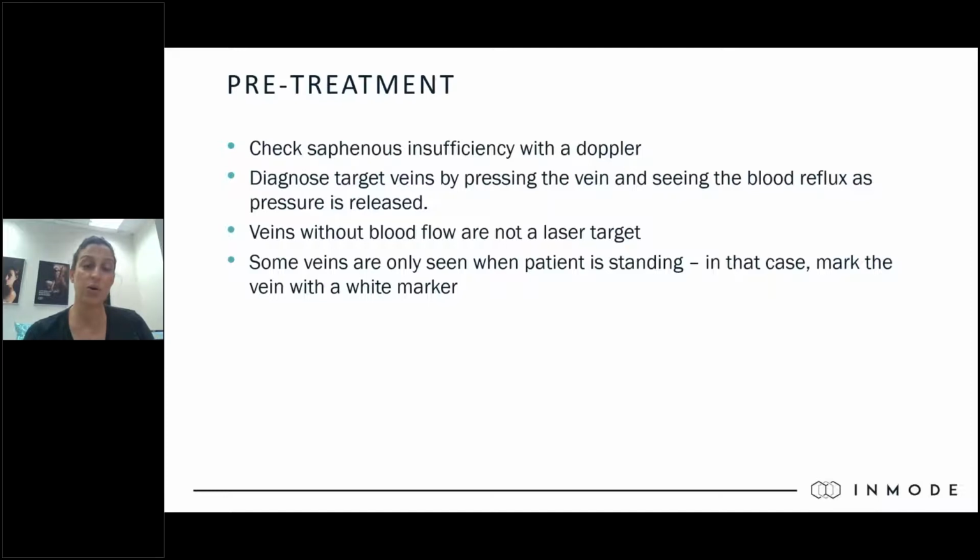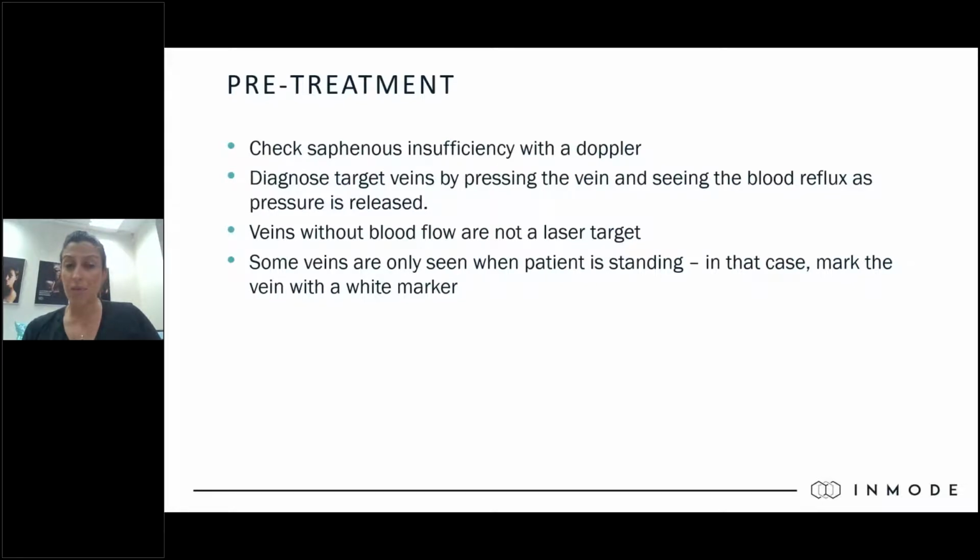The idea is that we want to make sure there is blood flow in the vessel we're targeting. If we cannot see the refill in the vessel, then we cannot target that vessel. It won't be an effective treatment, because what we're targeting is actual blood flow, hemoglobin within the vessel.